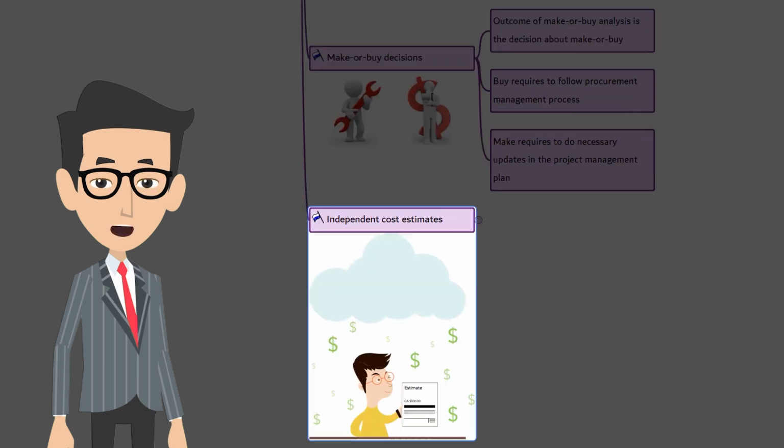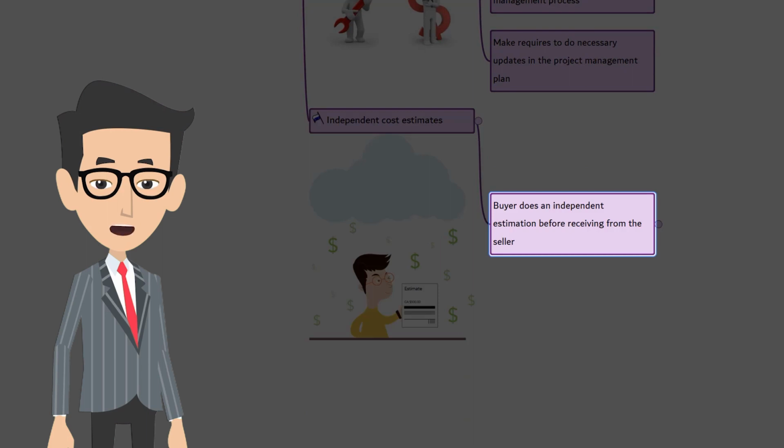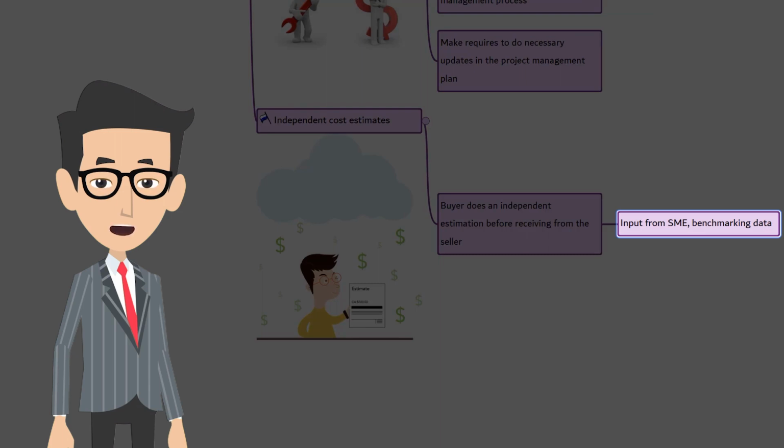The seventh output is independent cost estimates. Doing a cost estimation for a large project is not at all an easy job. Before receiving the cost from the seller, the buyer prepares his independent estimation. The input for this estimation could be from the SME, benchmark data from other similar projects within the organization or outside the organization.